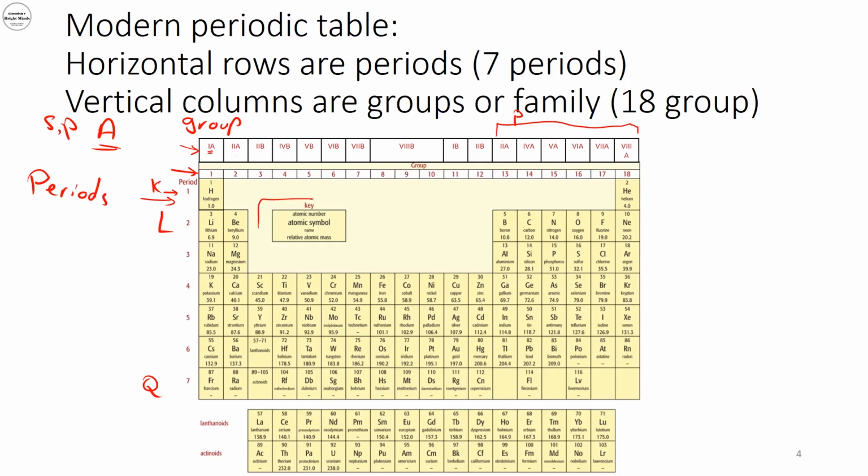For filling the d orbital, we name our groups B instead, so we move from A to B. In that case, my first 1B and 2B will be groups 11 and 12. As for group 3B, it will be the third group in my periodic table.